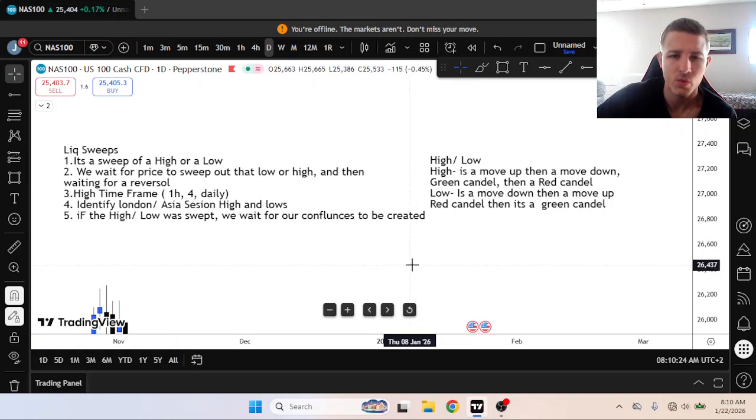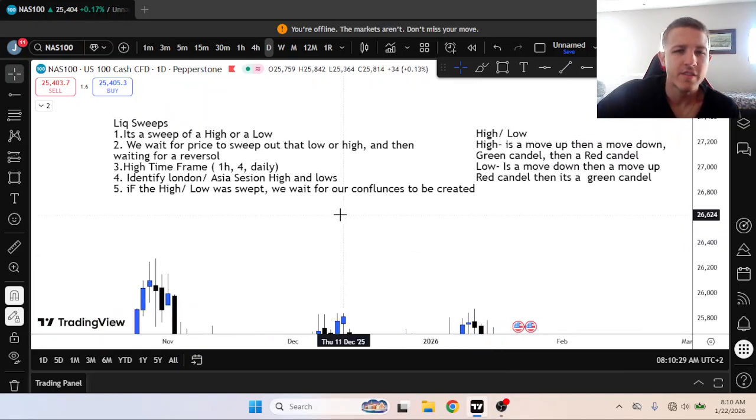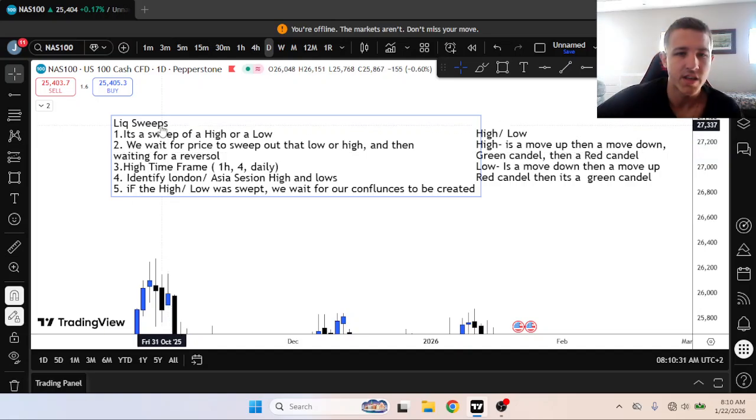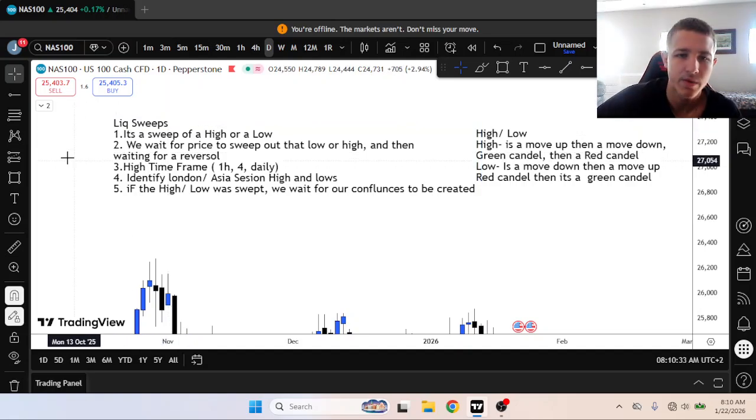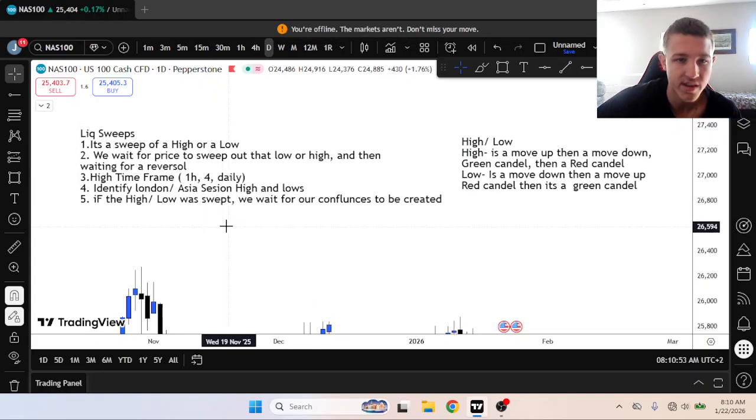That's going to be all for this video, because this is all that you need. Liquidity sweep, it's a sweep of a high or a low. I explained to you guys what highs and lows are. Number 2, we wait for price to sweep out the high or the low. We wait for reversal. It's going to be on the high time frames, 1 hour, 4 hour, or the daily. The 30-minute I used, but I discontinued it because it's not relevant anymore.